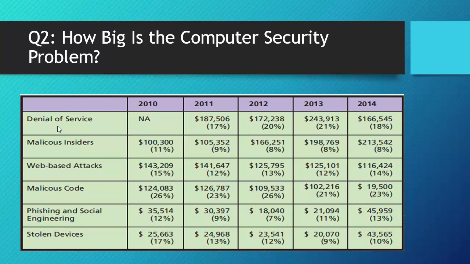So you have denial of service. You can see it increased, but then went down in 2014. Every time that shuts a database server down, especially on the internet, it costs the company this amount of money, and it's happening about 18% of the time.